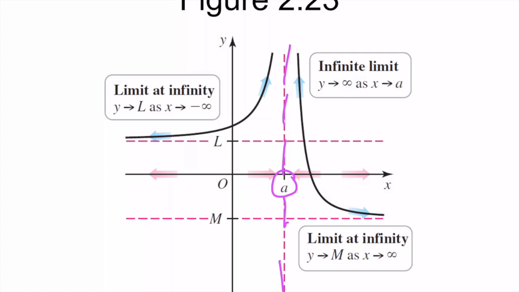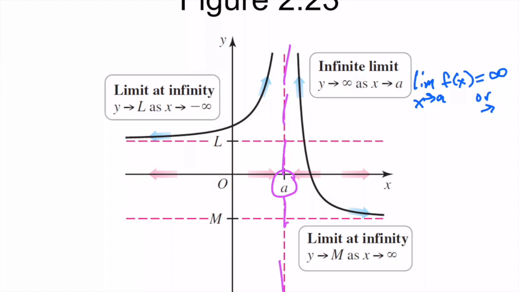So as I get closer and closer to a on the left side or the right side, the graph goes off to infinity. So I have this statement written down here. This could be written down as the limit as x goes to a of f of x equals infinity. And again, I could put an arrow here instead of the equal sign.